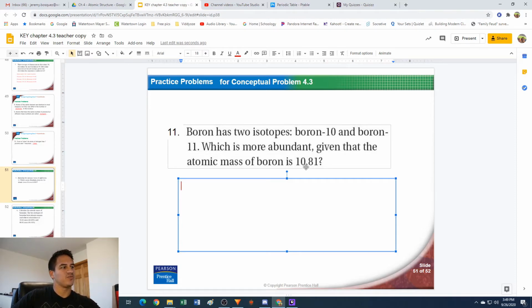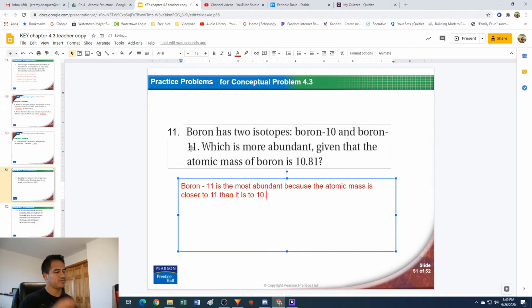So if the atomic mass of boron, which is an average, is 10.81, that would mean that the isotope of boron that is closest to that number is going to be the one that has the most abundance and the bigger impact. So we can say that boron 11 is the most abundant because the atomic mass is closer to 11 than it is to 10.